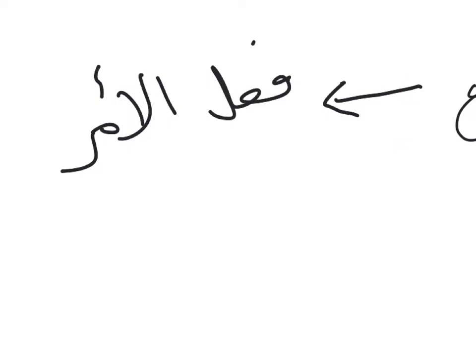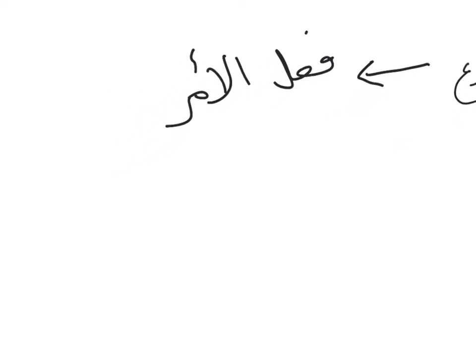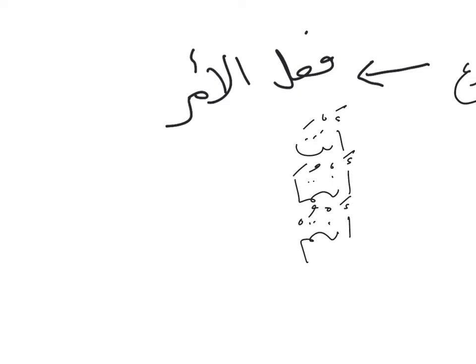But for فعل الأمر, the ضمير that will be involved are أنت, أنتما, أنتم, أنتِ, أنتما, and أنتن. That's all. So what does it mean?